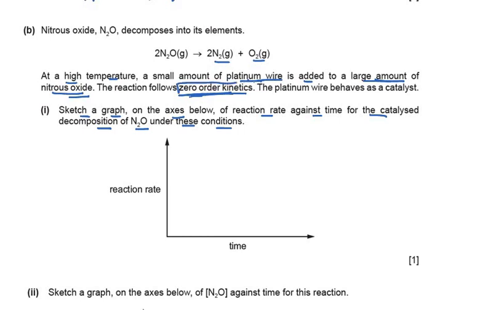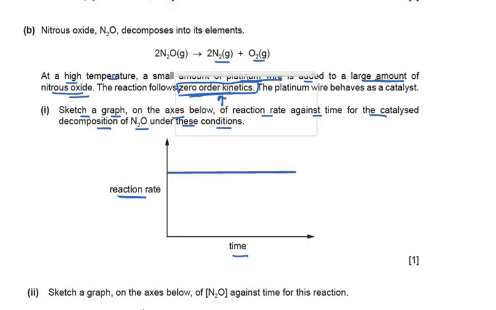If we are plotting a graph of reaction rate against time, then the rate does not change with the change in the concentration and with the time, and so we're going to get a straight horizontal line for the reaction rate against time, because the rate does not change because of the zero order kinetics.